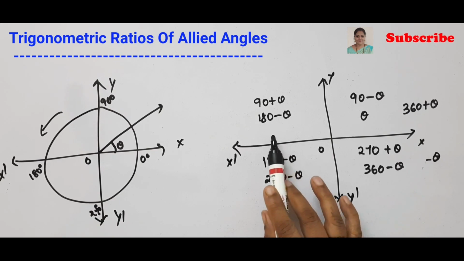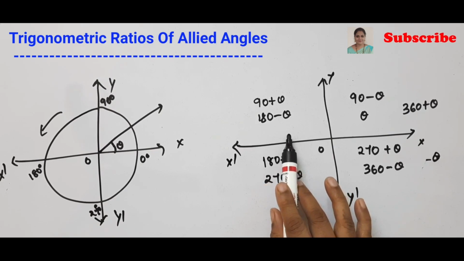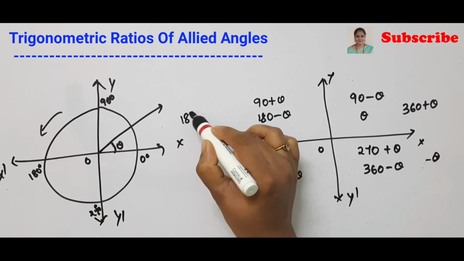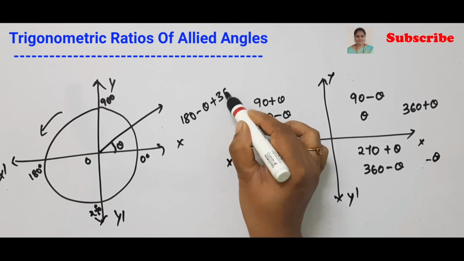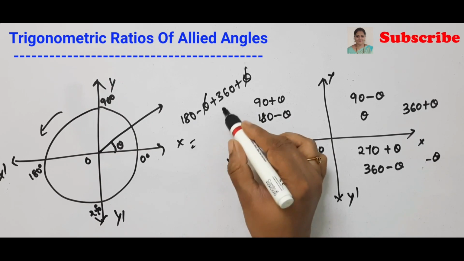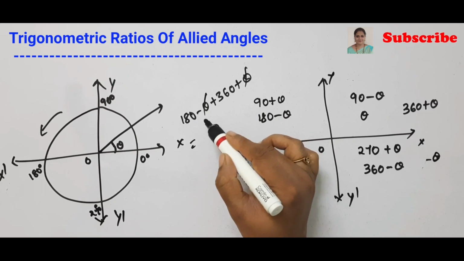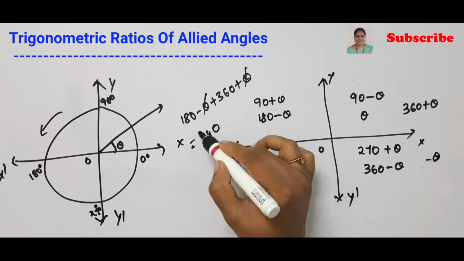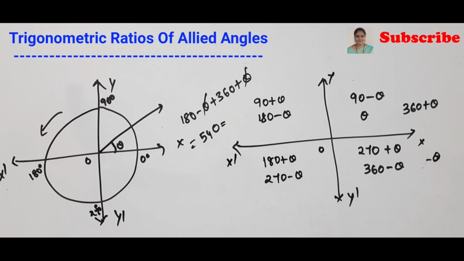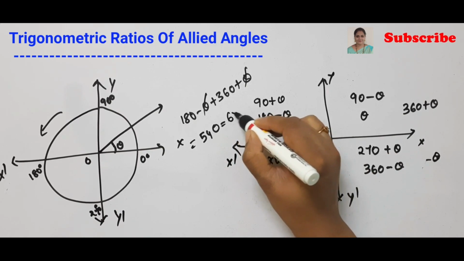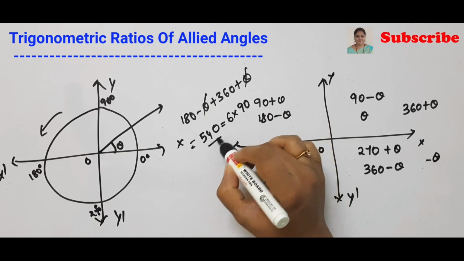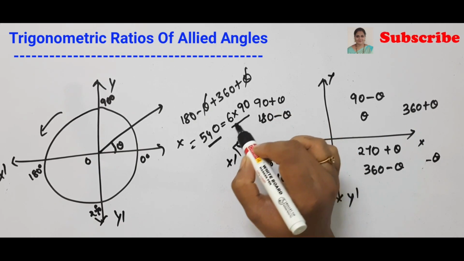For example, if you take 180 minus theta plus 360 plus theta, theta cancels, so the value is 540. 540 is nothing but 6 into 90, is it not? So here we got 540 which is a multiple of 90.